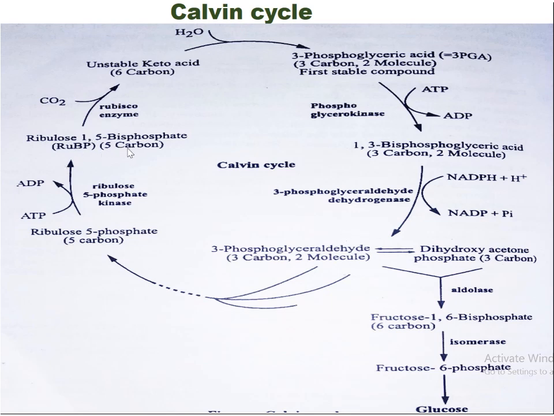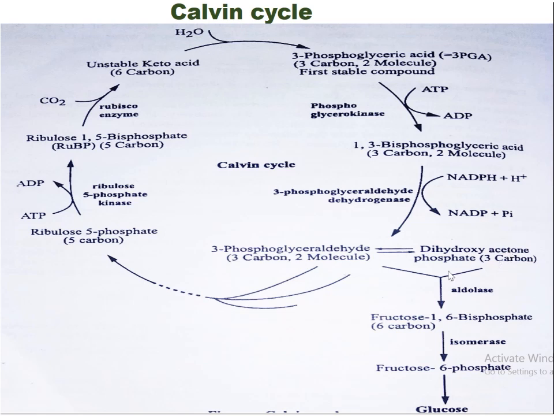Among these 10 molecules, 5 isomerize into dihydroxyacetone phosphate by triose phosphate isomerase.